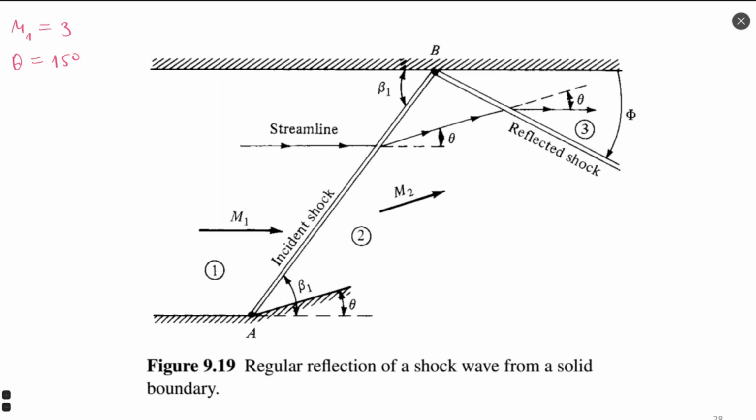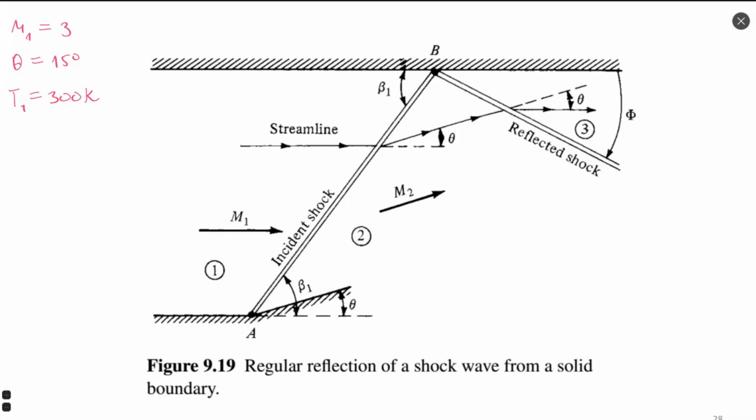Temperature is better because I told you that temperature plays an important role in mechanical and structural design. So the material should sustain this high temperature. Let's assume that the temperature at region 1 was 300 Kelvin, just for simplicity. 300 Kelvin is something that we have in normal conditions, right? But in this case, we have Mach 3, three times bigger than the speed of sound, and normal temperature, 300 Kelvin.